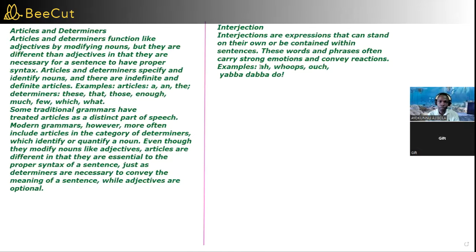These words and phrases often carry strong emotions. They are used to show emotions and convey reactions. Examples are ha, hurray, alas, whoops, ouch. Anything that you use to show expression is an interjection. Is that clear to you, or do you have any question? No, sir. Okay, no question.